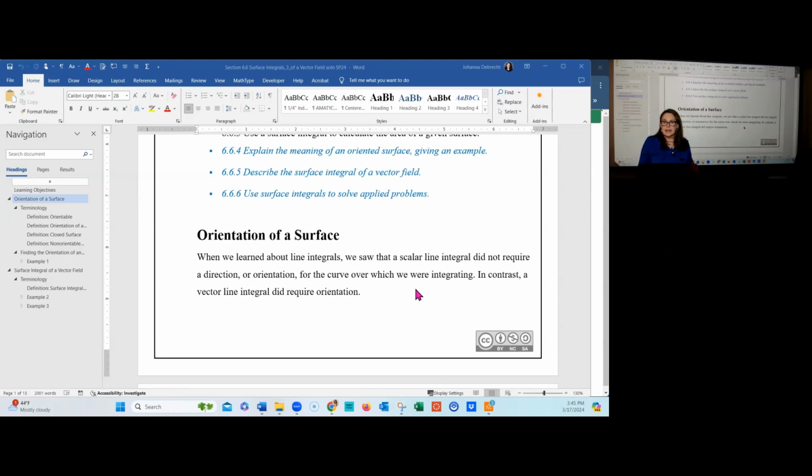When we studied line integrals, we learned that there were two types of line integrals: scalar line integrals and vector line integrals. Scalar line integrals did not require there to be any kind of orientation along the curve, but vector line integrals did. We're going to see a very similar situation here with surface integrals.